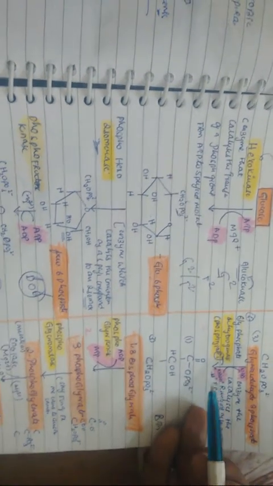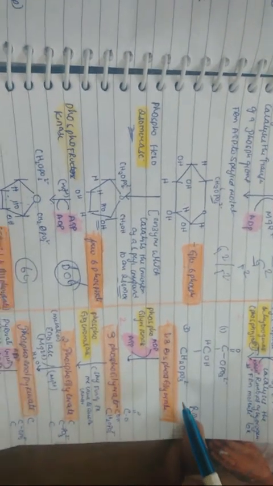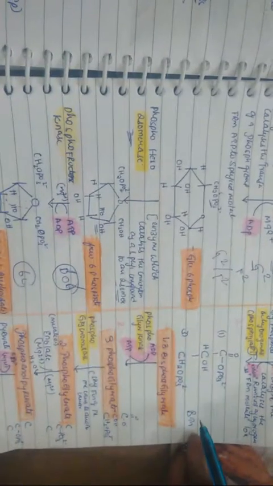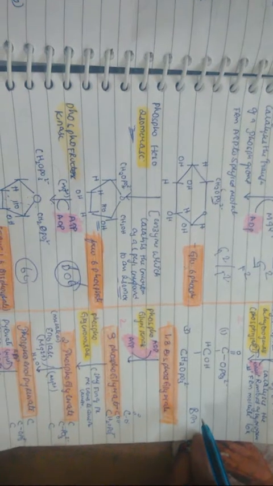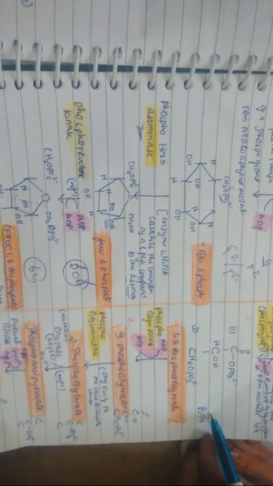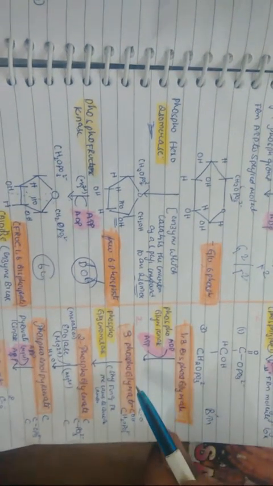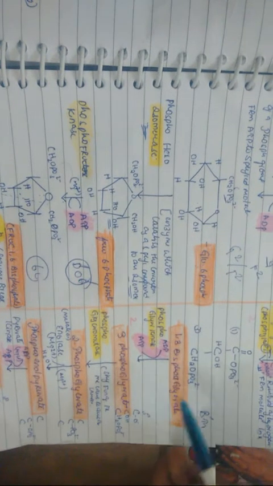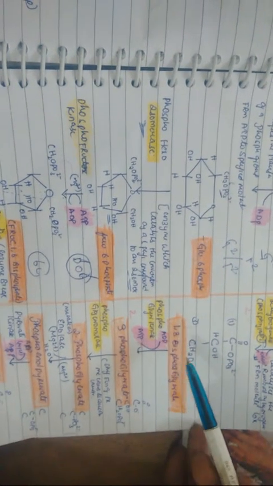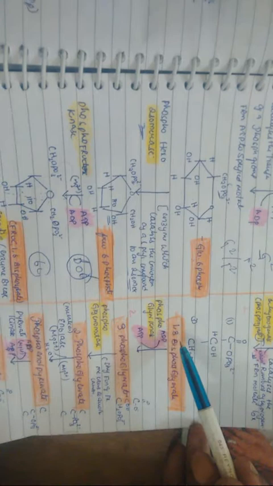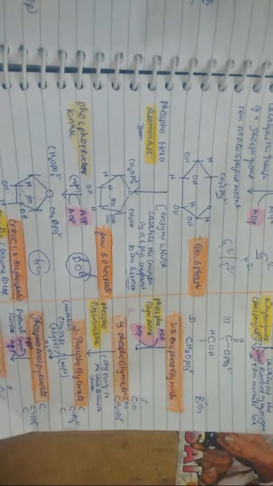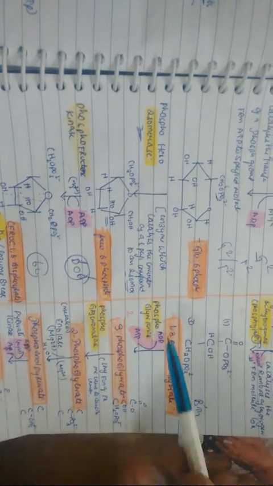Now we knew the concept of 1,3-bisphosphoglycerate. Now let us understand the second T, that is 3-phosphoglycerate. If you observe here, we had 1,3-bisphospho, which means 2 phosphates, and now there is only one phosphate.